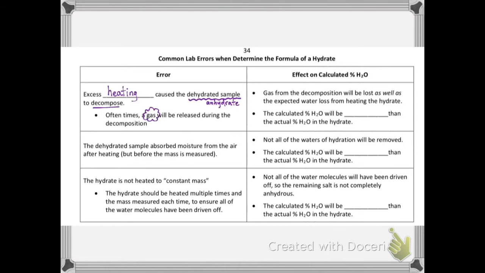In that case, not only will the water be driven off, but you're also losing gas from the decomposition. So it will look like more water was lost than really was. So in that case, you're going to get a calculated percentage of water that's going to be larger than the actual percentage of water in your hydrate.